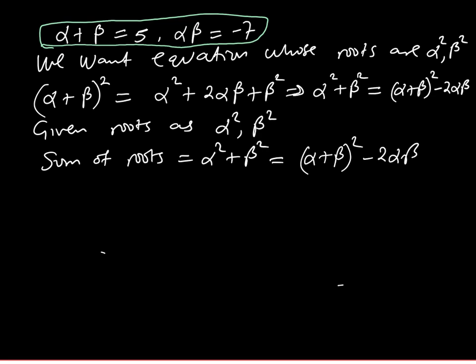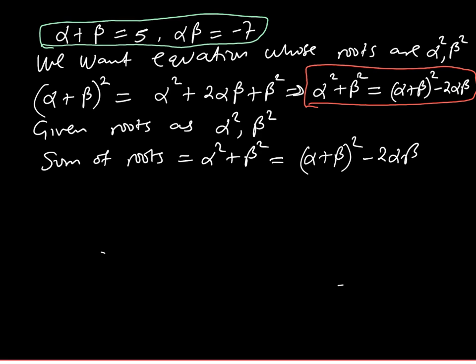So instead of struggling to get the value of alpha, then the value of beta, then squaring and finding alpha squared plus beta squared, this is just a shortcut. You don't need to find the values of alpha and beta, so you can plug in and get the value of alpha squared plus beta squared.